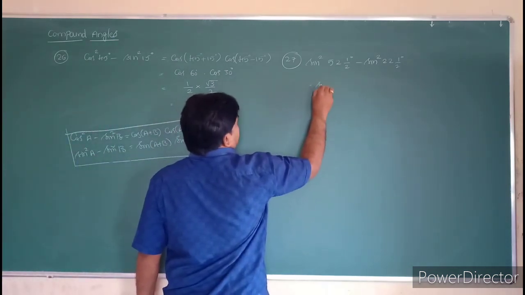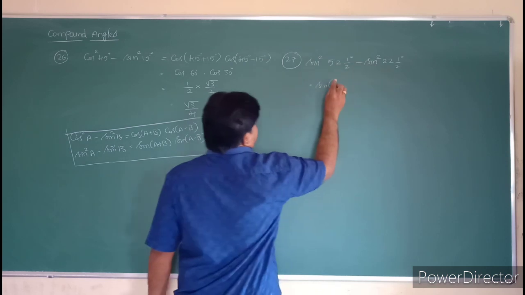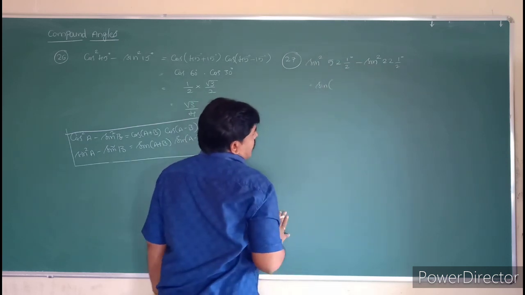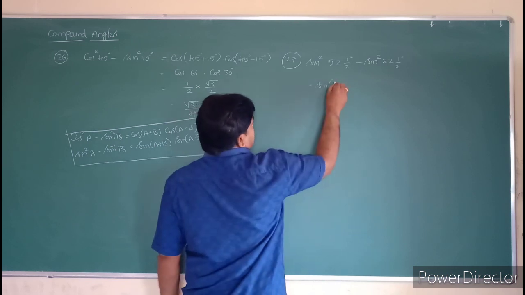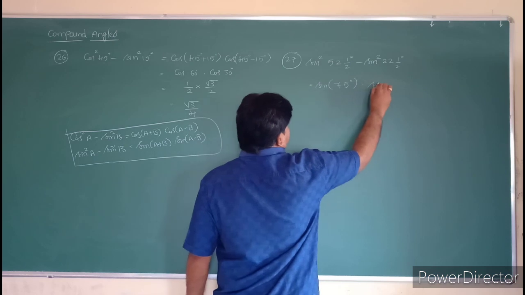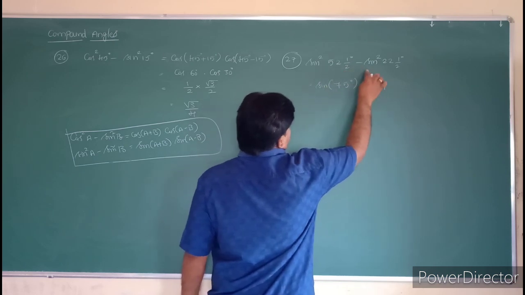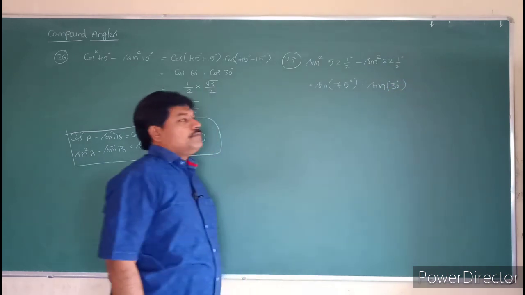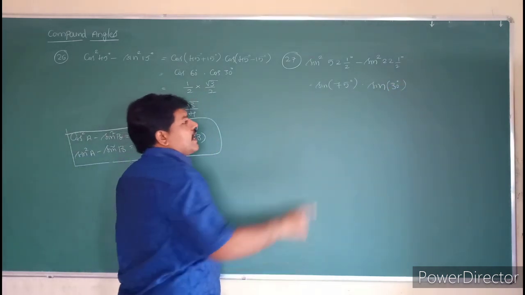This will become sin of a plus b, which is 52 and half plus 22 and half. What happens, students? It will become 75 degrees, into sin of 52 and half degrees minus 22 and half degrees, that is nothing but 30 degrees. So what is sin 75?